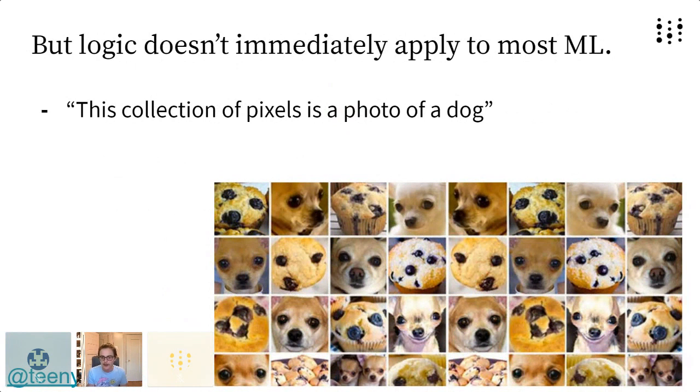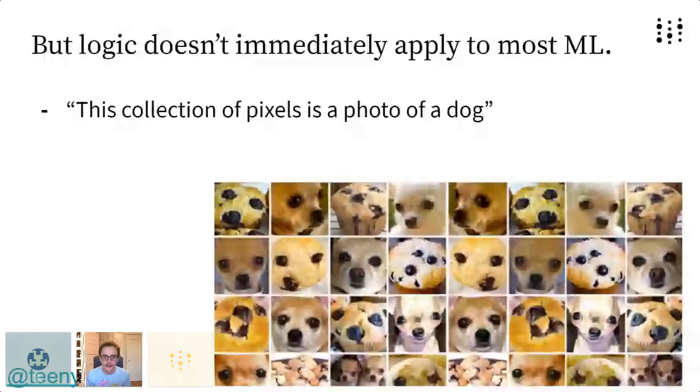Some of them are chihuahuas, others are blueberry muffins, and it's actually pretty hard to tell which one is which. Some machine learning libraries, like publicly provided ones, struggle on this data set. And it's even harder to imagine how we might write down some sort of basic logic that would tell us this picture has a dog in it or not.